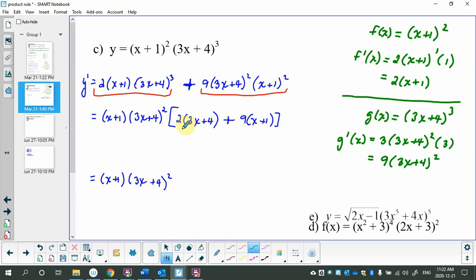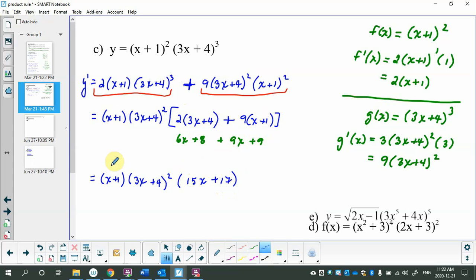So I'm going to take out the green pen, and I'm going to scribble in here illegally and collect like terms. So this is 6x plus 8 plus 9x plus 9. So multiplying the 2 through, multiplying the positive 9 through. So if I collect like terms on that, I'm left with 15x plus 17, and there's my final answer.